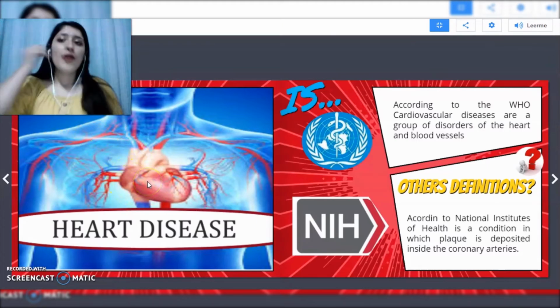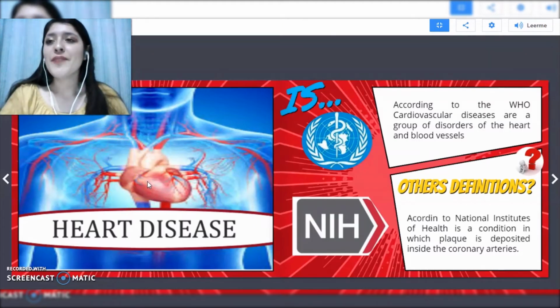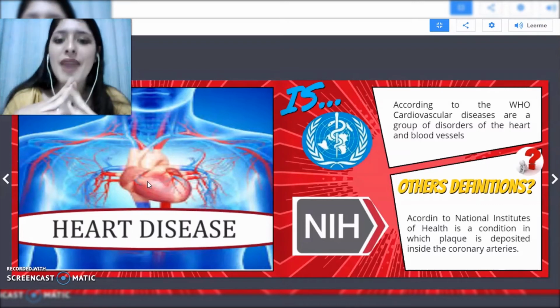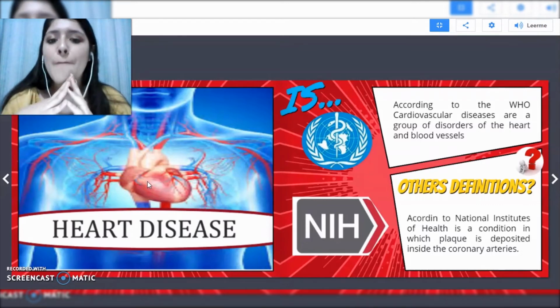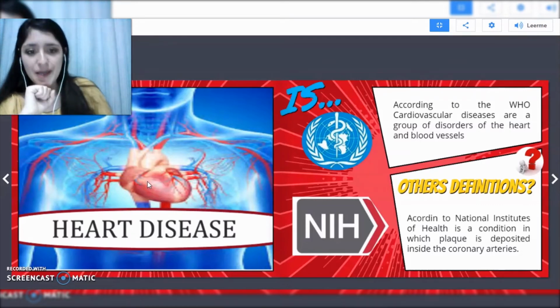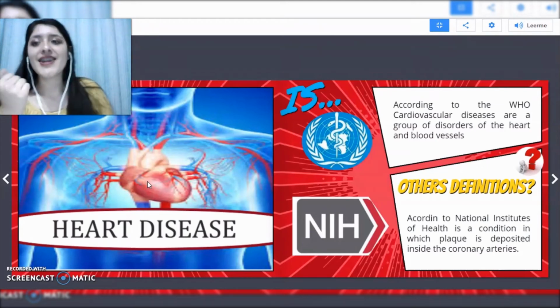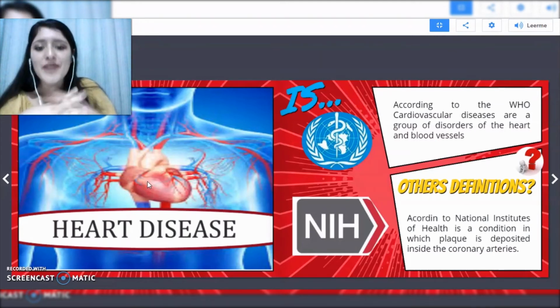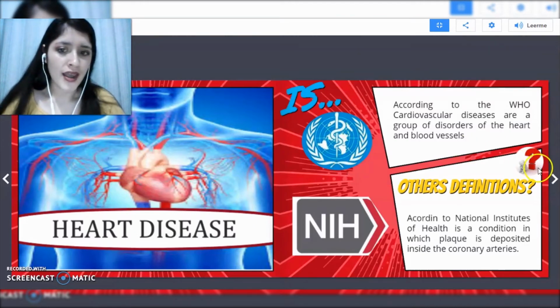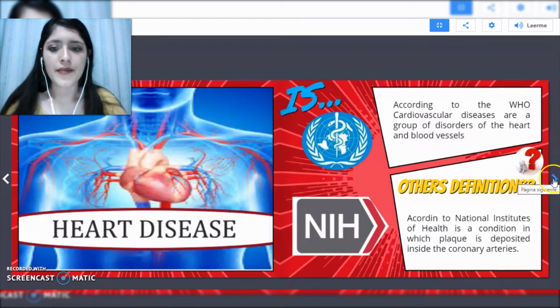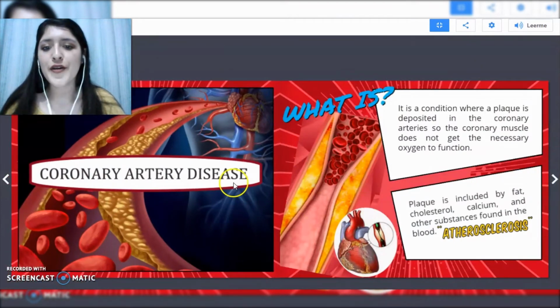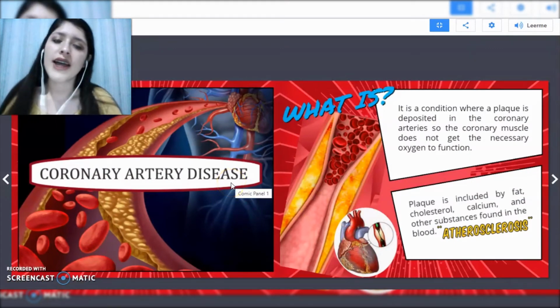We have to remember that it is mainly caused by a plaque buildup, causing the coronary arteries to narrow and limit the blood supply to the heart. This is also known as coronary artery disease or atherosclerosis.